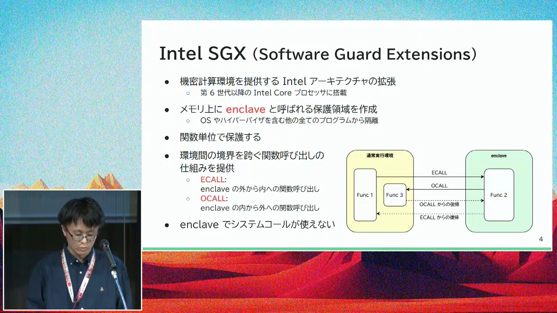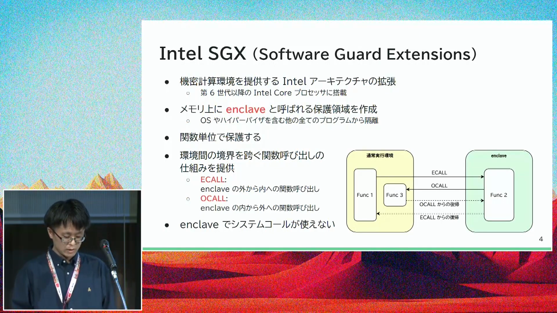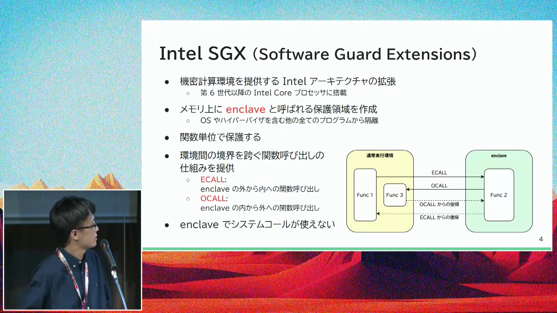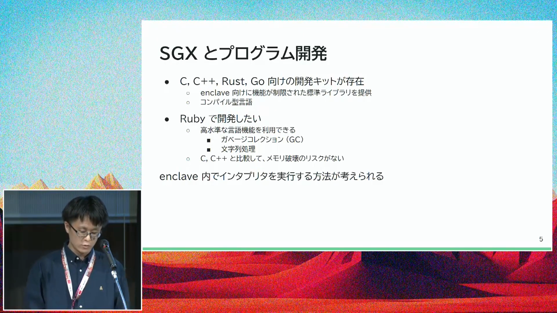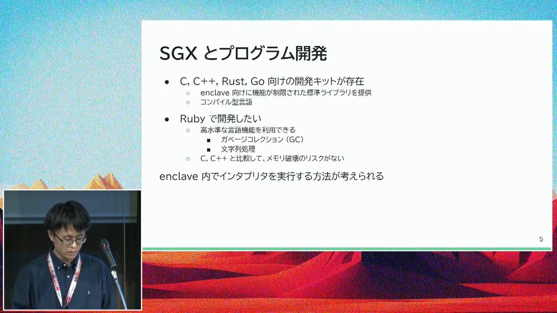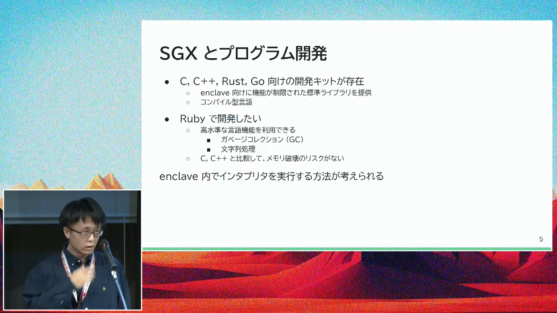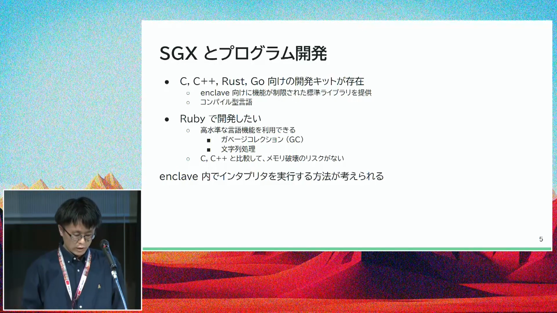SGX has a certain problem: there is a limitation that it cannot execute system calls inside. If a system call is used, it has to go outside first, and then the call can be performed outside. For SGX program development, kits oriented to C, C++, Rust and Go are available.